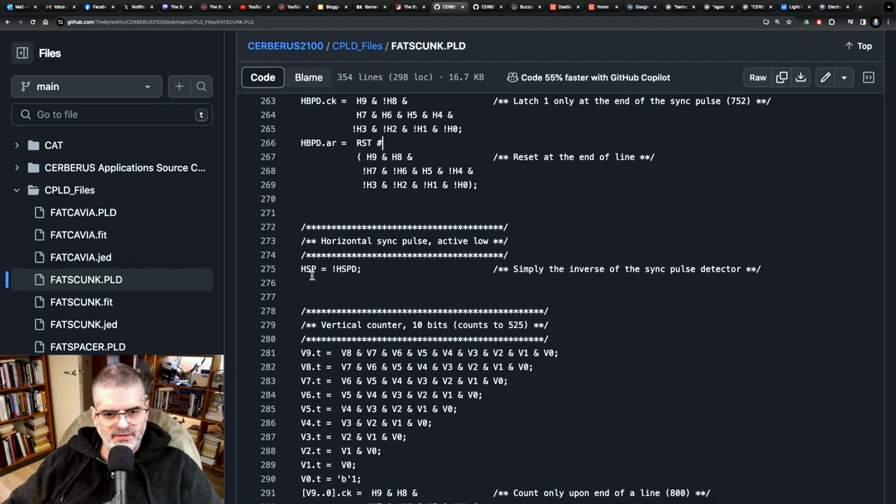And this is just a variable, that's the horizontal sync pulse. It's just the opposite of the horizontal sync pulse detector, and that has to do with the polarity with which the VGA standard expects the sync pulse to take. So we count in one polarity, but the sync pulse itself is reversed polarity. Again, the exclamation mark is an inverter.